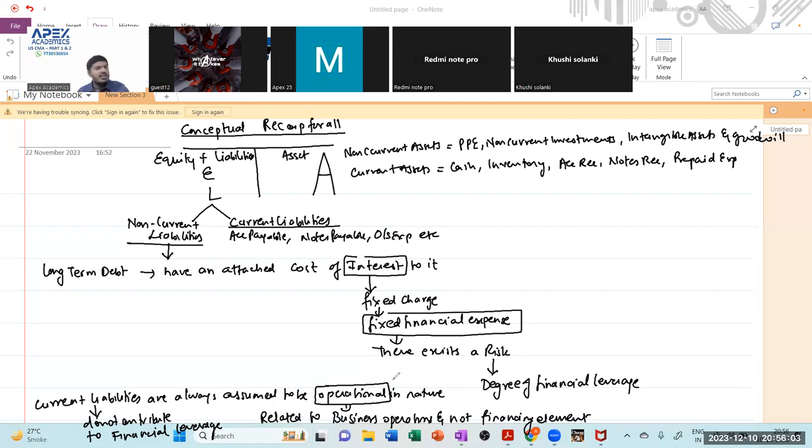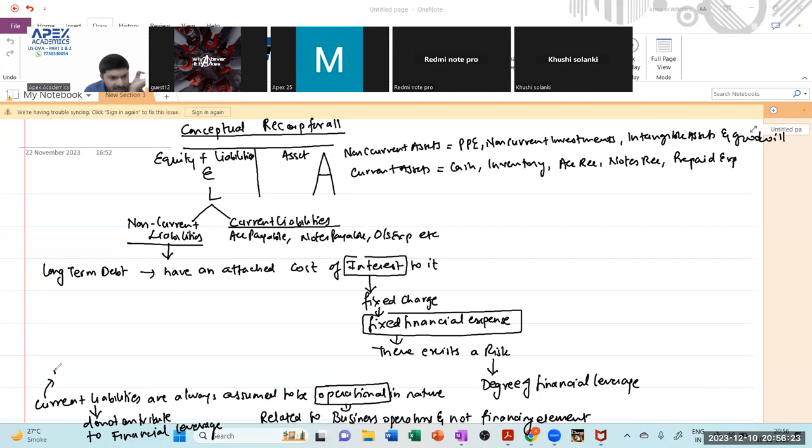They are what you do for business. You take goods on credit, you give somebody payment next month, so on and so forth. They are not connected to your sources of finance. They are connected only to your operations.